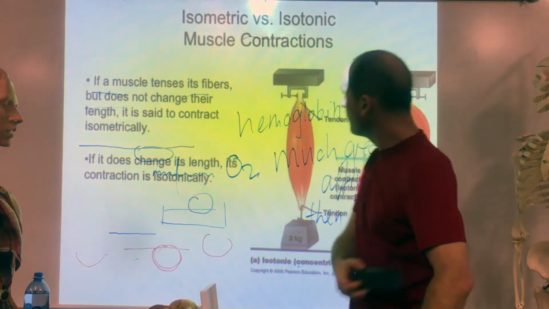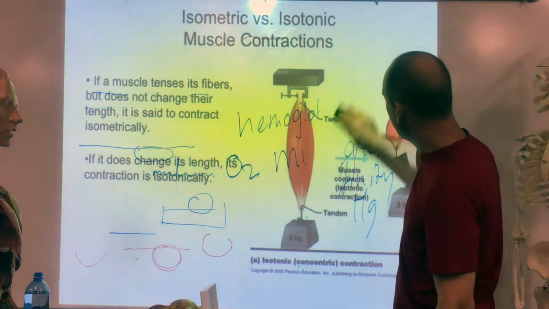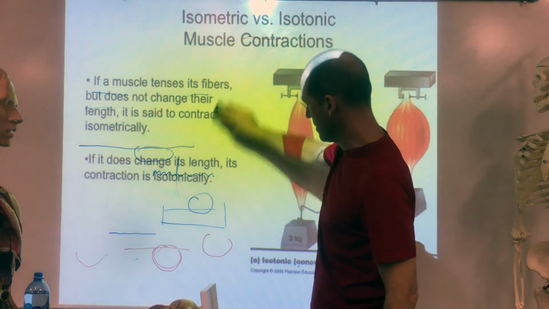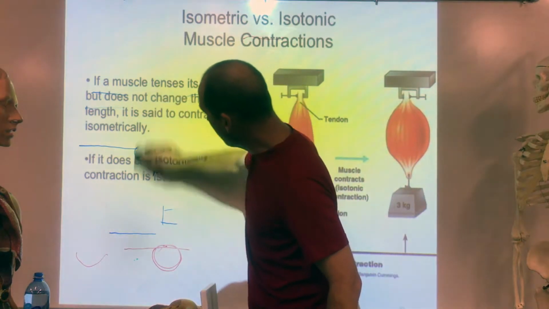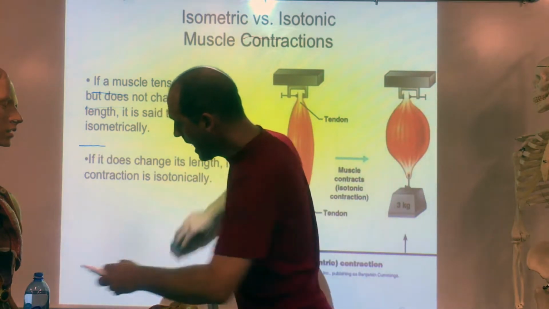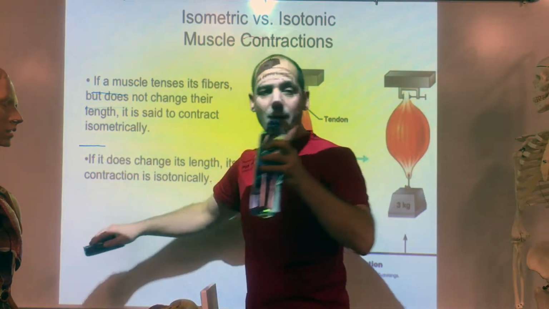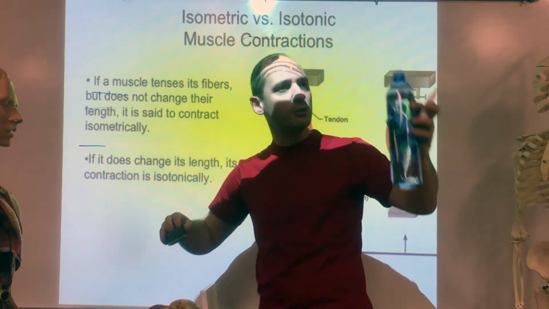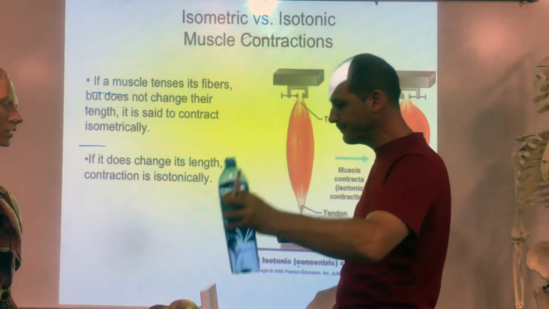And the next thing we have to talk about is how we contract. A few different types of contraction, actually. We can think about that. We can contract like bringing up the water to my mouth. So the object moves. That's one contraction.